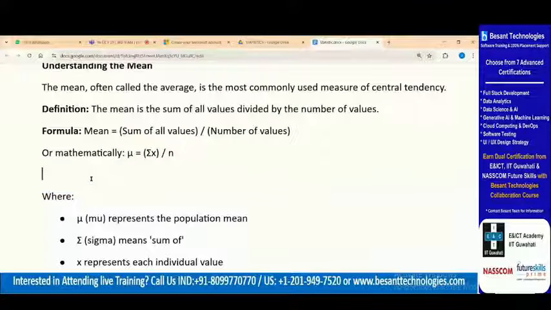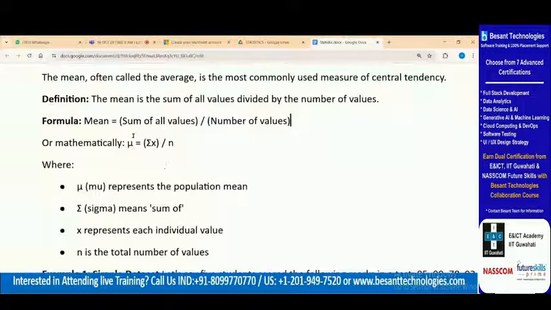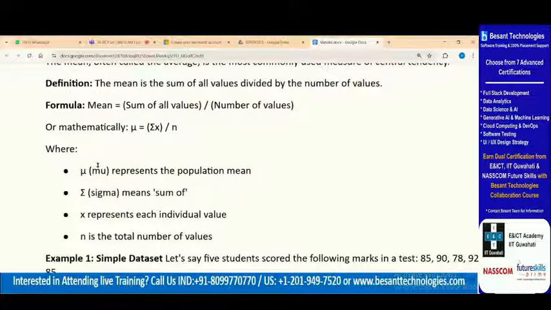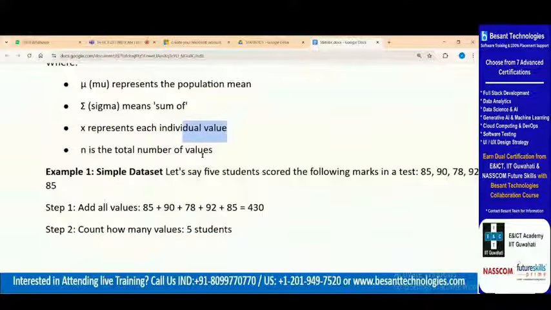So the mean formula would be the sum of all the values divided by the number of values. You'll represent it with this formula: mu is equal to summation of x divided by n. This mu represents the population mean, sigma represents the sum of, x represents the individual value, and N is your total number of values.